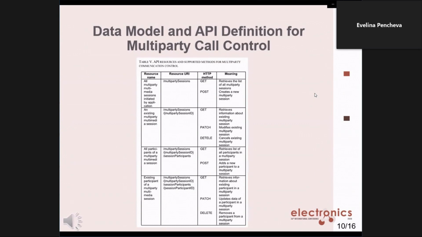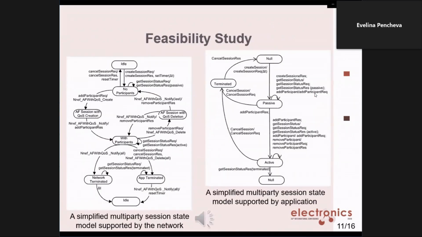To summarize, the container resources support the get method, which retrieves a list of all its child resources, and the post method, which creates a new child resource. The leave resources, in addition to the get method, also support the patch method, which updates the existing resource, and the delete method, which deletes an existing resource.